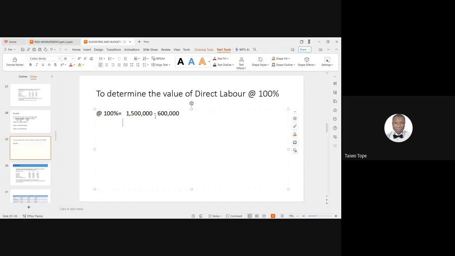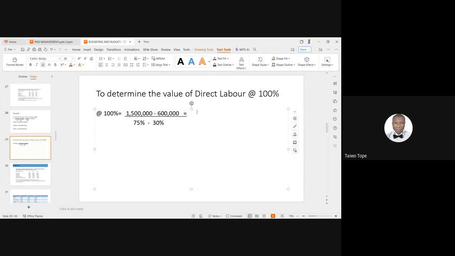Divide by the activity level. The activity level is 75% minus 30%, which gives 45%.